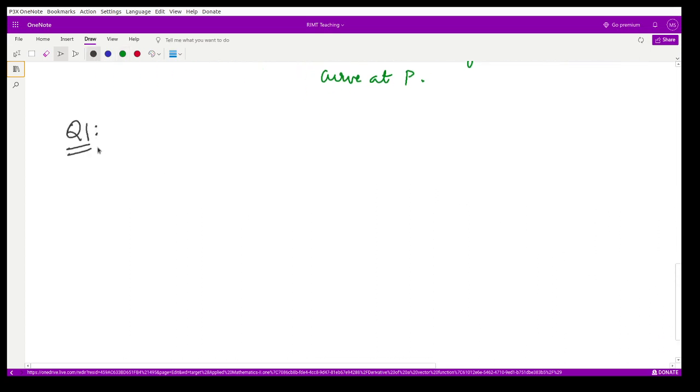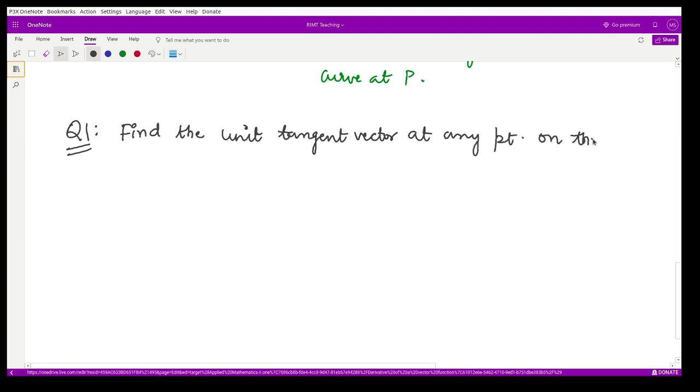Okay, so let me give you one example so that this thing is more clear to you. So let us have a look at one question. The question is, find the unit tangent vector at any point on the curve.